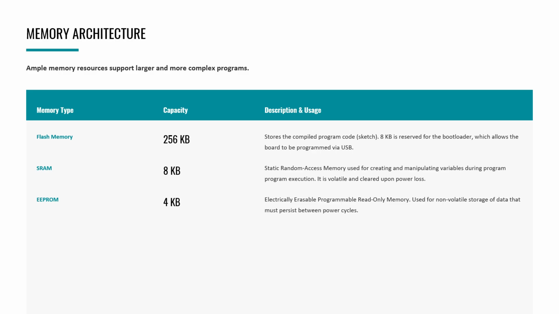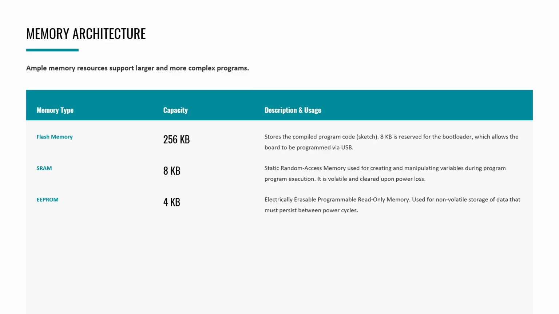The board also contains 8 kilobytes of SRAM, which is used to store variables and temporary data during program execution. In addition, it includes 4 kilobytes of EEPROM, which is a non-volatile memory that retains stored data even when the power is turned off. This memory can be used to store configuration settings, calibration data, or system parameters.